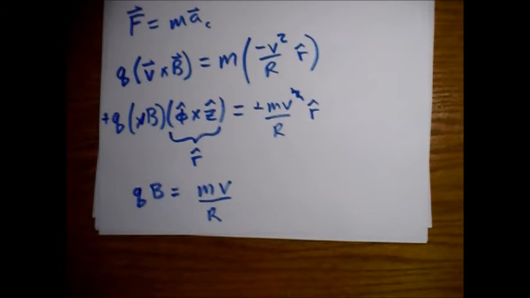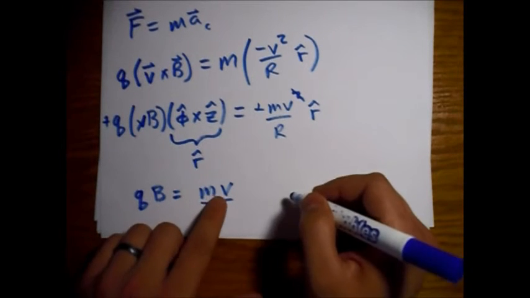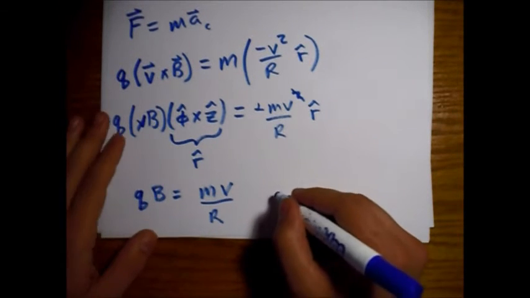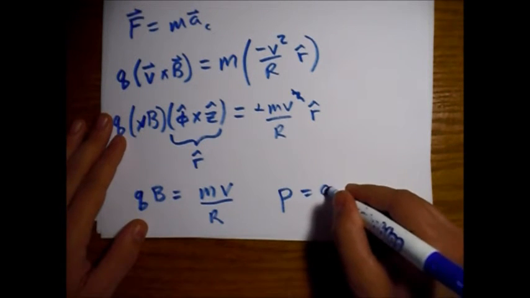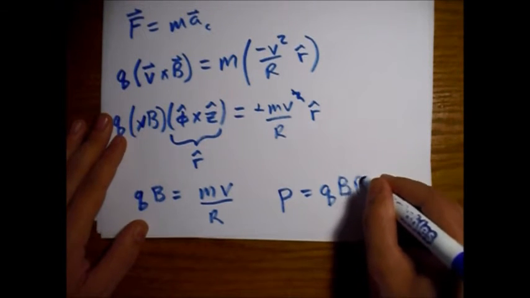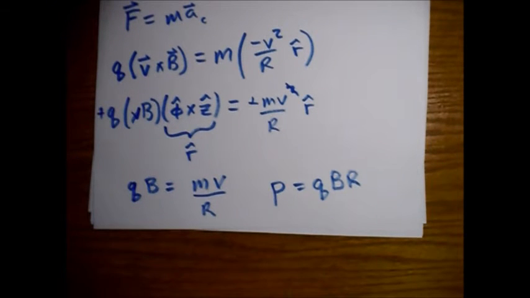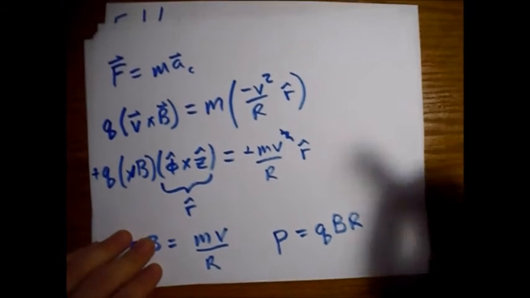If you look at equation 5.3 in the book, basically with our momentum right here, which we'll call P, we get that as qBR. All right, and so this agrees with what's in the book, so we're on the right track so far.